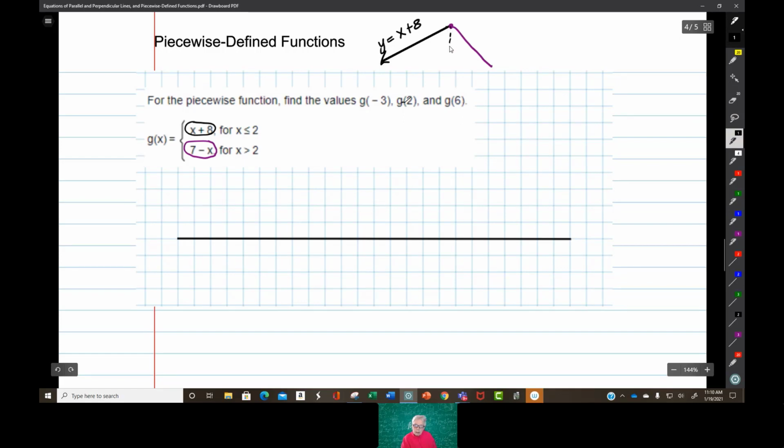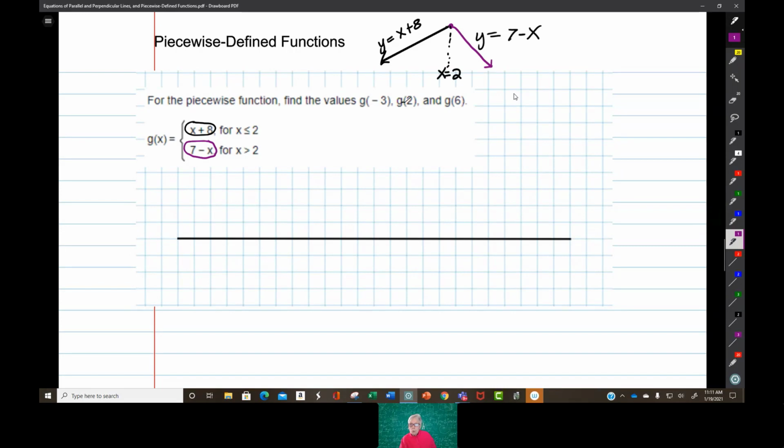And then at x equals 2 on the x-axis, x plus 8 stops, and, let's erase that, y equals 7 minus x starts and goes on forever. That's what a piecewise-defined function is.